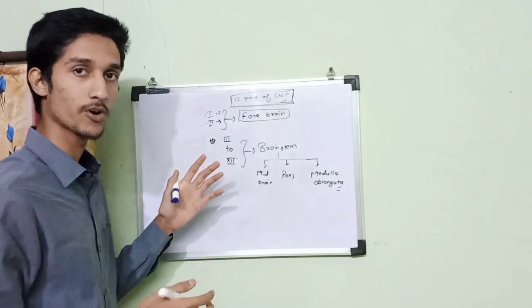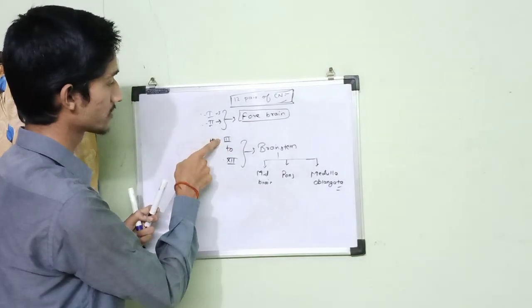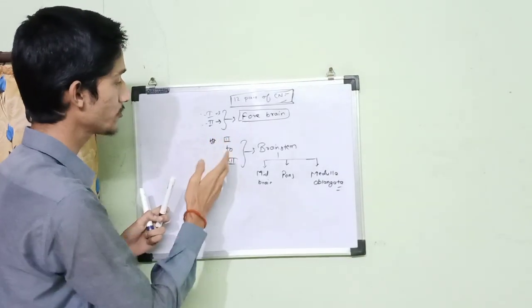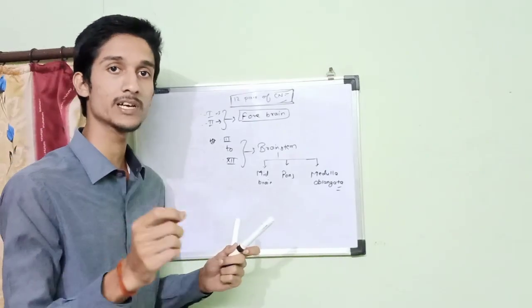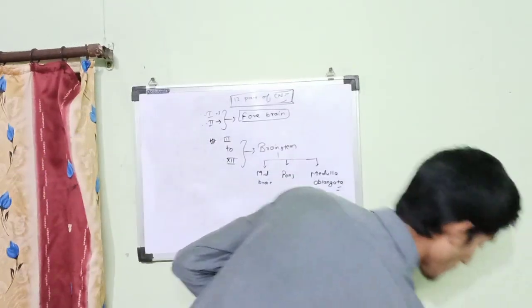So talking specifically from where the cranial nerves numbering 3rd to 12th arise from the part of brain stem, let's see this.